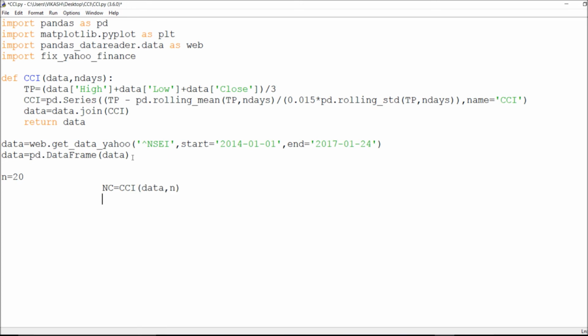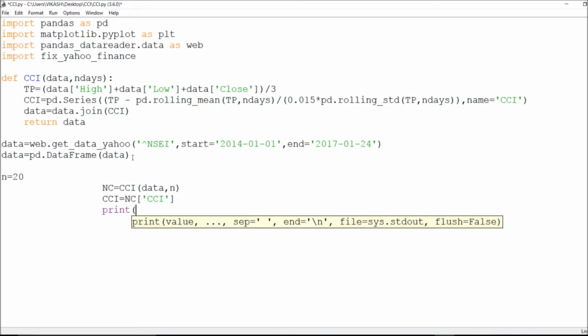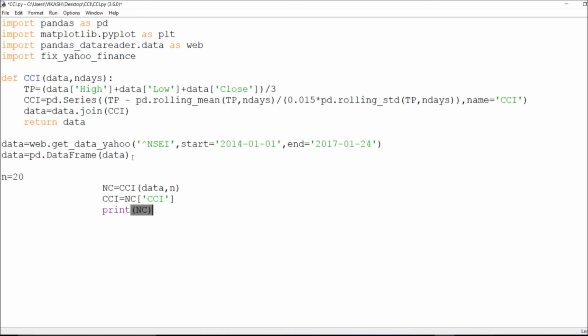I need to say this is the commodity channel index, and it should be printed out in a data frame and be callable. Then I will say please print my commodity channel index with all the prices I require.